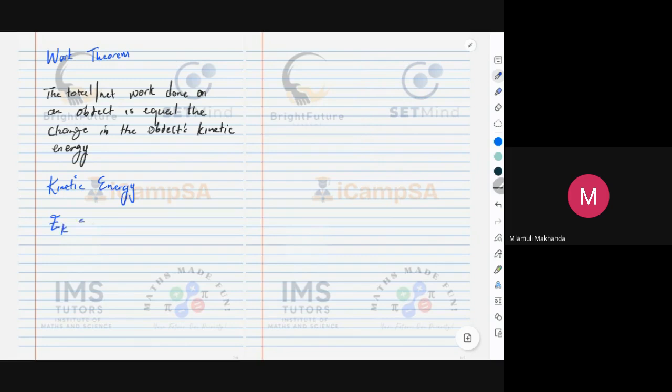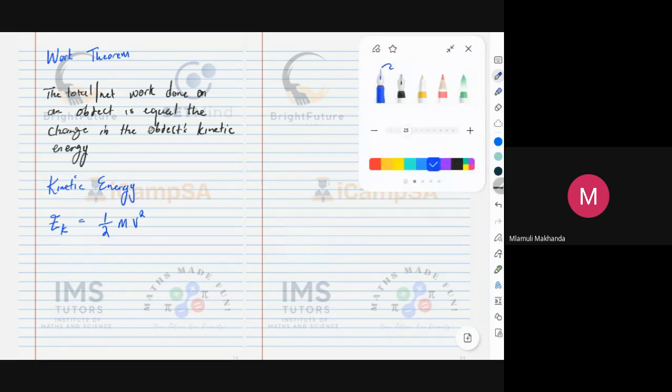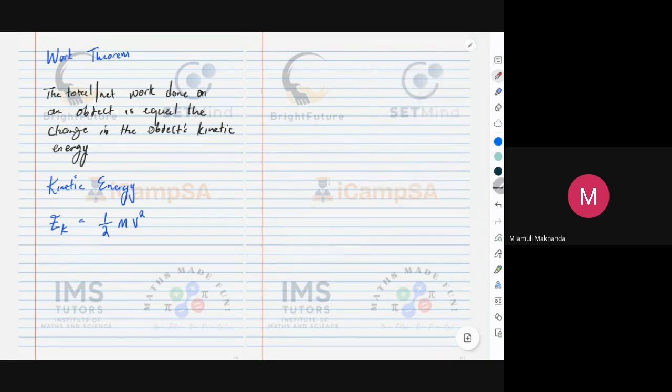Kinetic energy is equal to 1/2 mass times velocity squared. Right? This is our kinetic energy. So what they are telling us here is that the net work is equal to the change in kinetic energy.